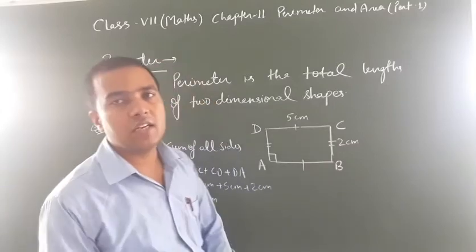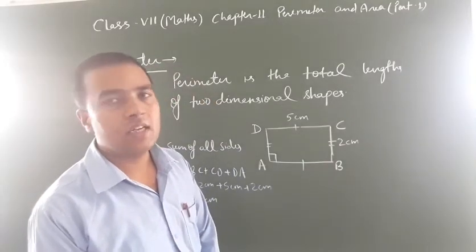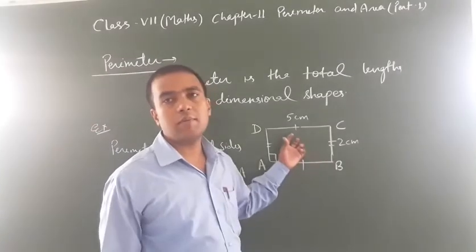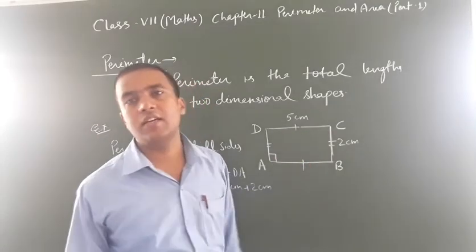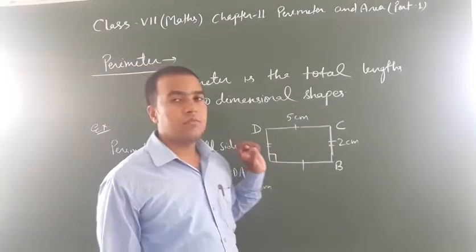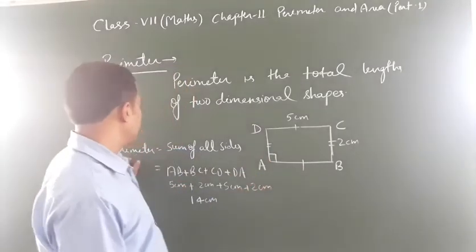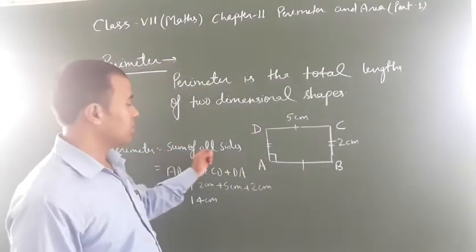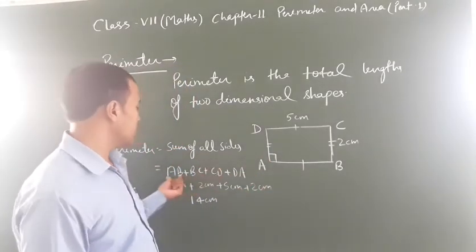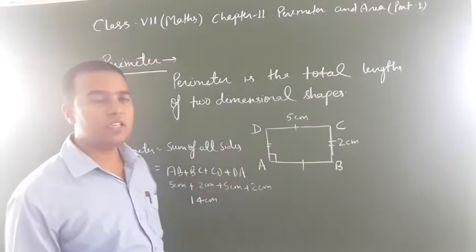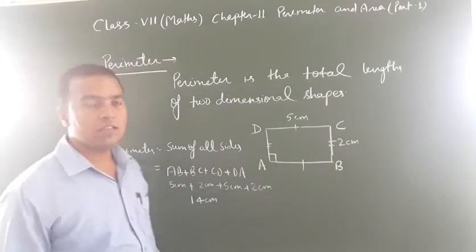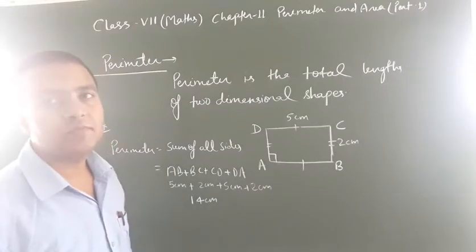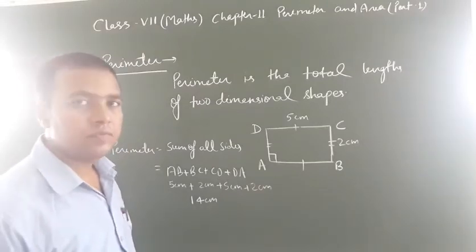We know a rectangle is a closed figure having four sides, opposite sides are equal, each angle 90 degrees. Perimeter equals sum of all sides, AB plus BC plus CD plus DA. Put the values: 14 centimeters. Clear?